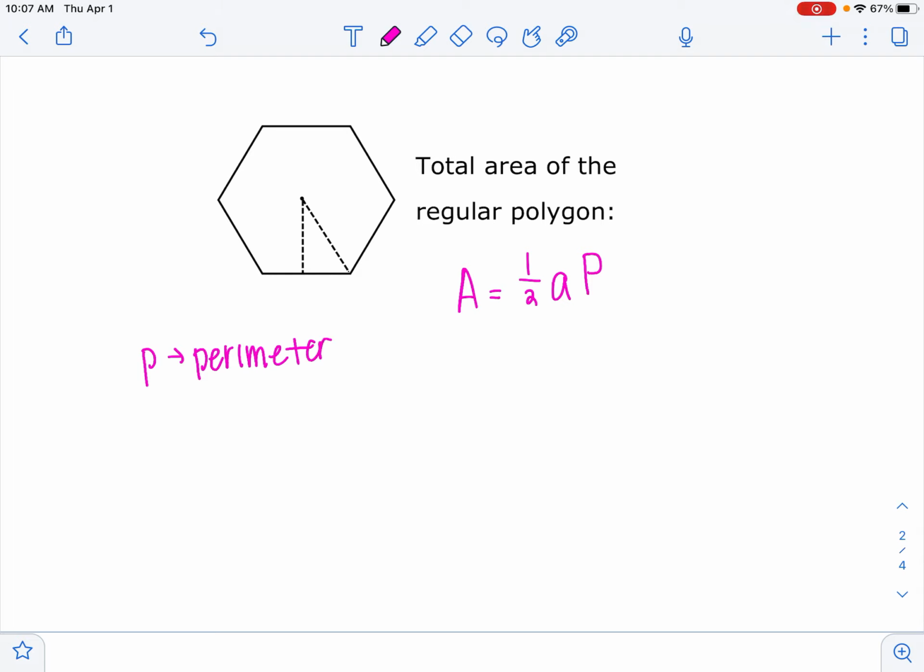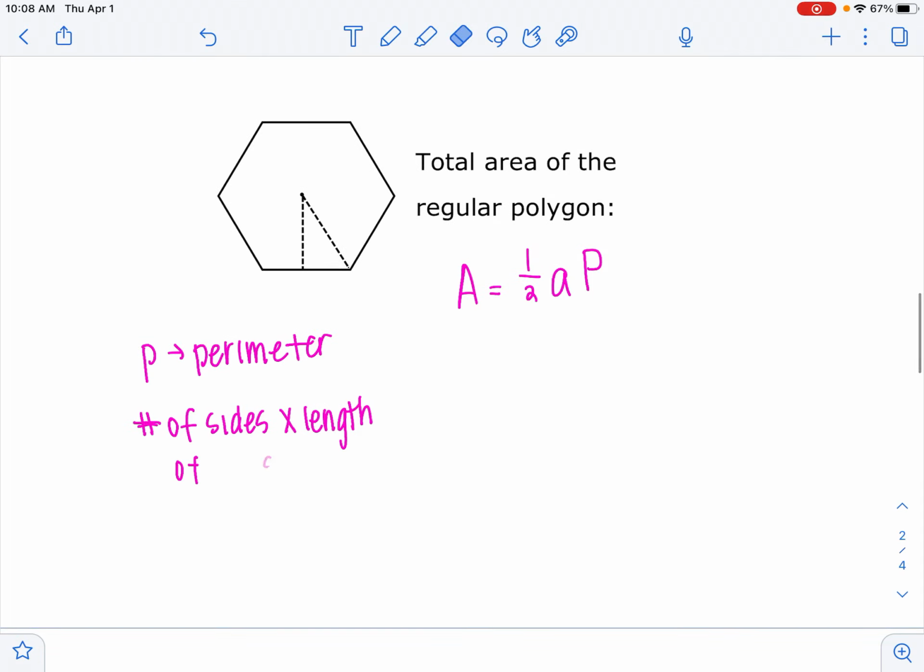And to remind you what the perimeter is, the number of the sides times the length of a side, because the sides are all the same, right?